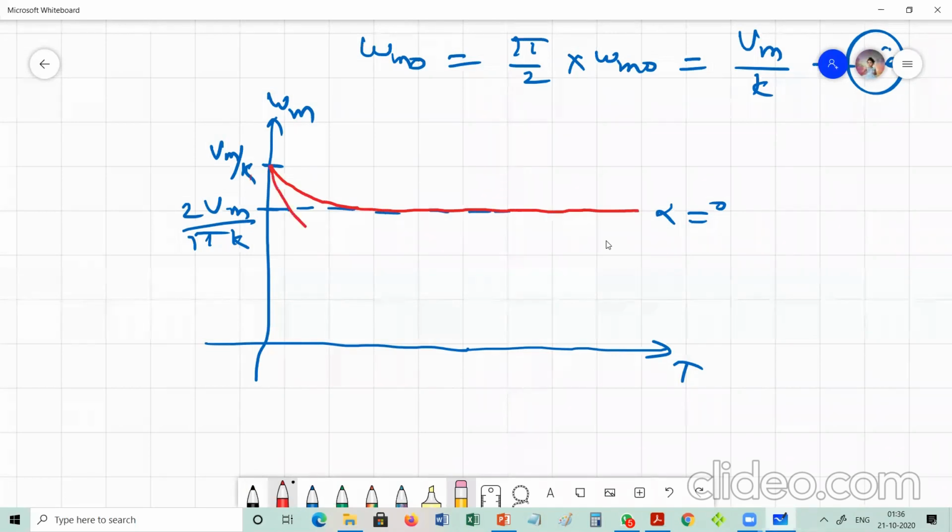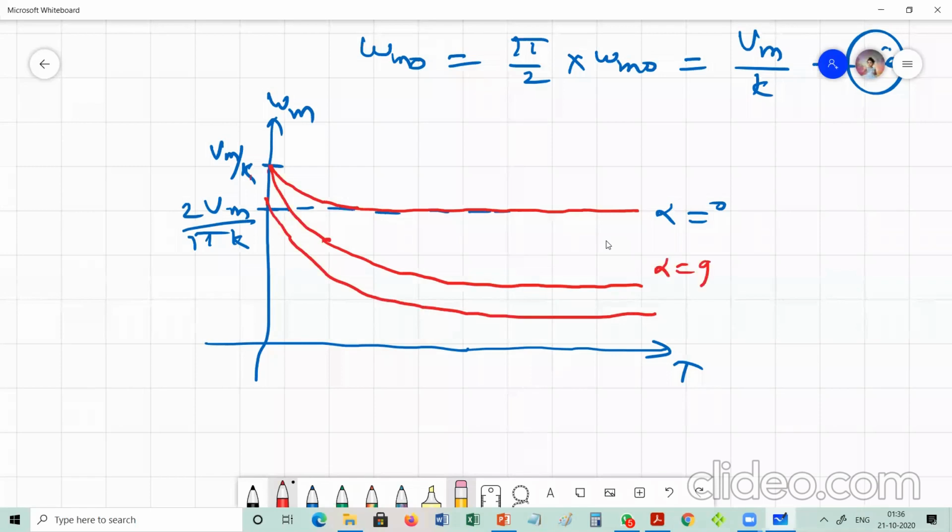Similarly, for other values of alpha, we can get curves like this. This is for alpha equal to 90 degree. This is for alpha equal to 120 degree. Throughout the operation, you have to maintain a particular value of alpha constant. For example, in this case alpha is equal to 0 degree throughout the operation. You just increase the load, and you will get the curve like this.